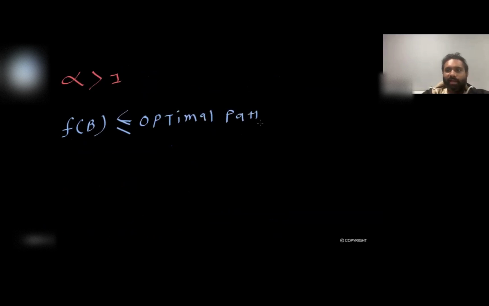H is still admissible. Right? But why? Because see, you are considering these two terms, Gn plus alpha times Hn. Gn plus Hn is less than or equal to the optimal path. But is Gn plus alpha times Hn less than or equal to the optimal path? No, right?